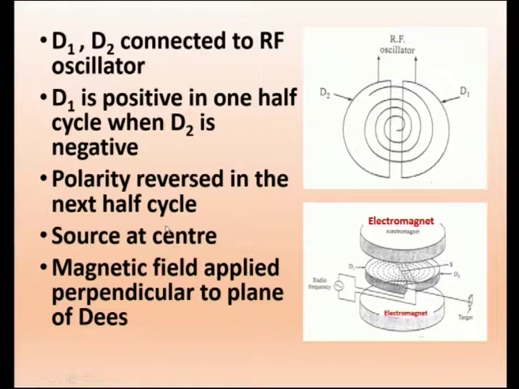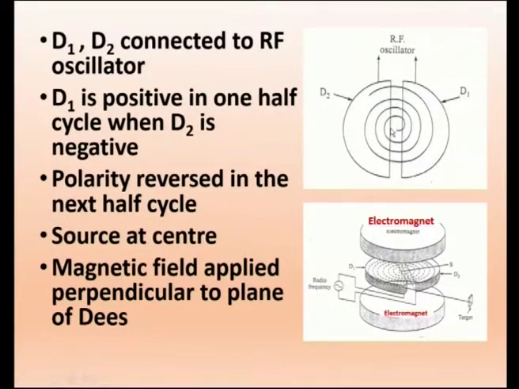The source is at the center. Whichever particle we want to accelerate will be injected at the center of the cyclotron, center of the Ds, in that gap. Then naturally it will get accelerated due to the electric field.